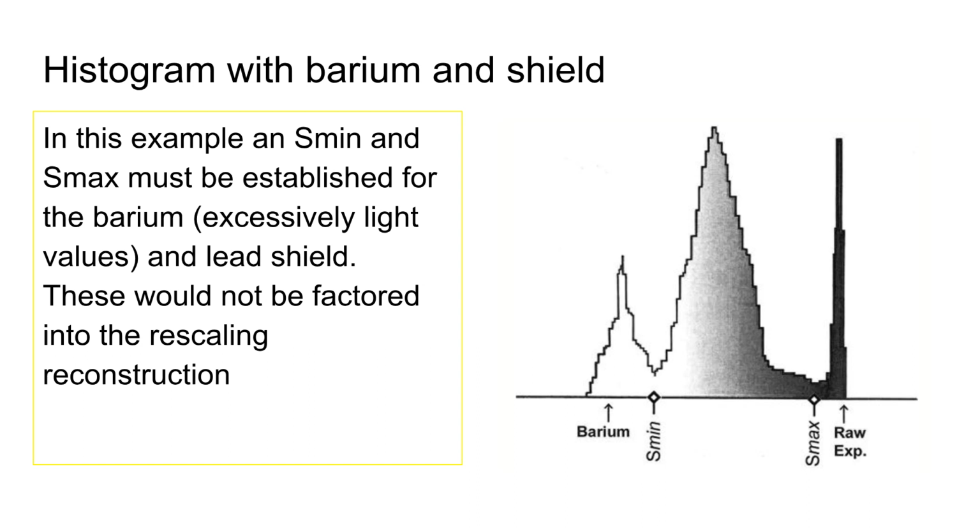Think of the lightest gray that you can possibly have, but not white. And here, S max is the darkest possible gray that's not completely pure black. So things like the lead shield might be in here also.